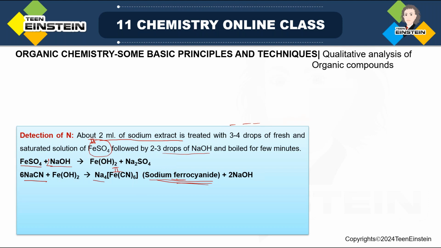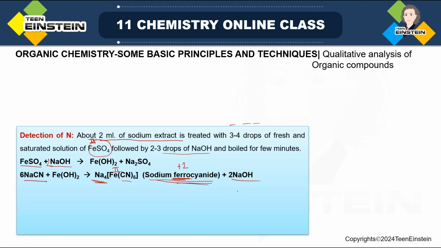So sodium ferrocyanide, iron is having +2 oxidation state, so that is why the name is ferro, not ferric. +2 with 6 CN minus, that means extra negative charge, +2 minus 6, extra negative charge of -4, which is balanced by 4 Na plus ions. That is why the formula is like this. And this will be the byproduct.